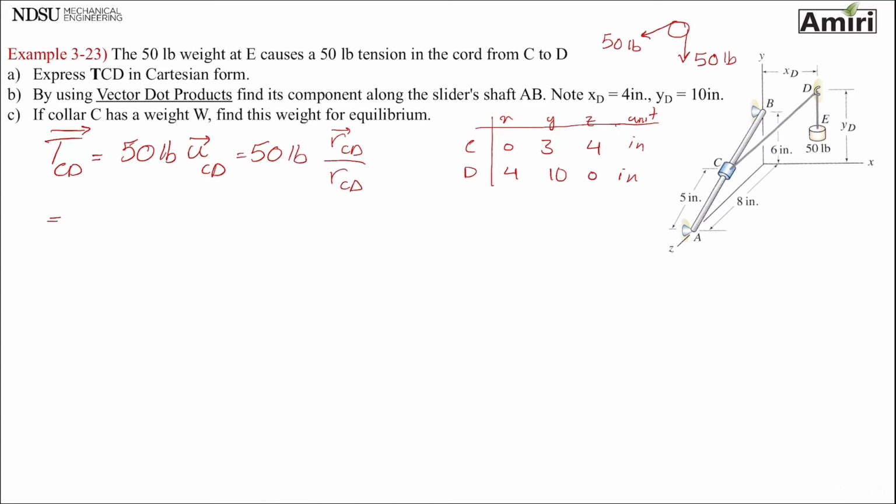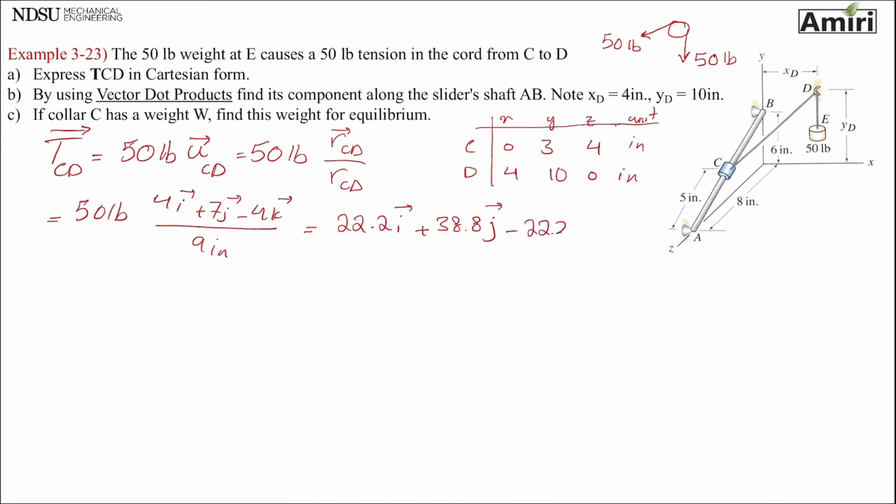So if I do the position vector, I will end up with 50 pounds times 4i, this is the position vector, 7j, 4k, over 9 inches, which is going to be 22.2i, 38.8j, 22.2k, in units of pounds.